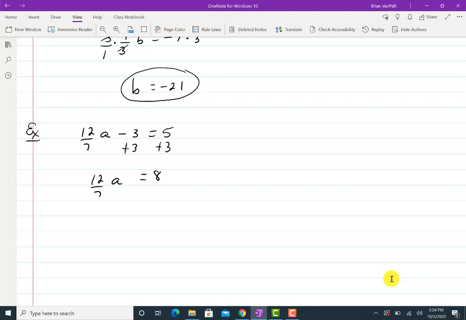So to get the a by itself, I'm going to multiply both sides by 7 over 12. Make the 8 over 1 so it's easy to do the multiplication. These, of course, will cancel out, and I'll be left with just a on the left. On the right, notice that 4 goes into 8 and 4 goes into 12. So on the right, I'll get 14 over 3.